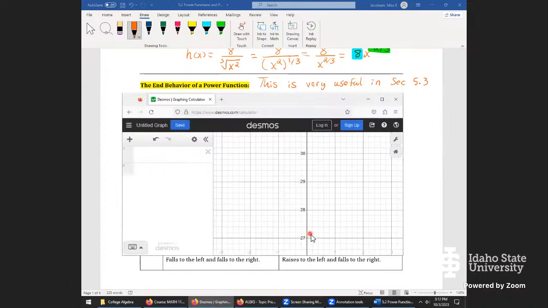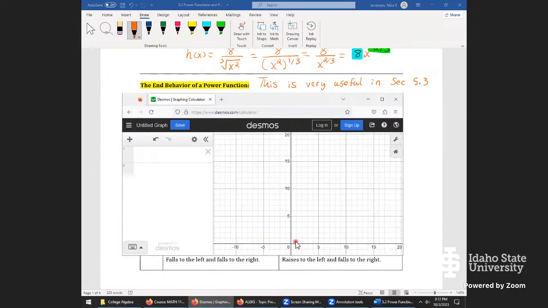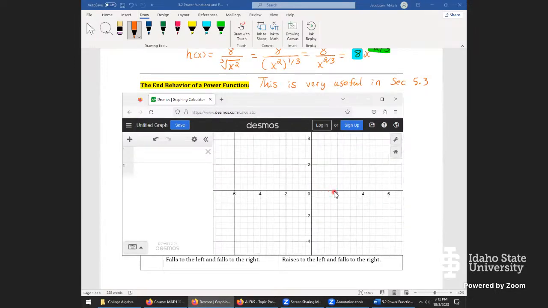What I want to put in is just a generic power function. Let's go back to a normal scale here. So to start off, let's let our function be f of x equals 3x to the power of 2. So that's our very first power function. What's a good takeaway about this is the coefficient here is positive, so it's turning into a parabola that's opening upwards, and the power here is even.